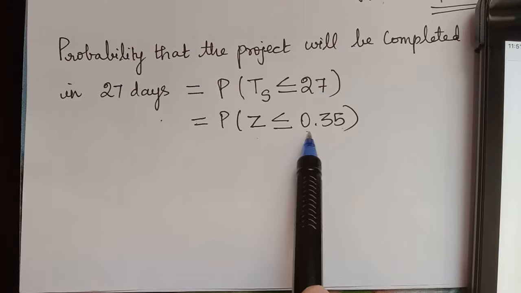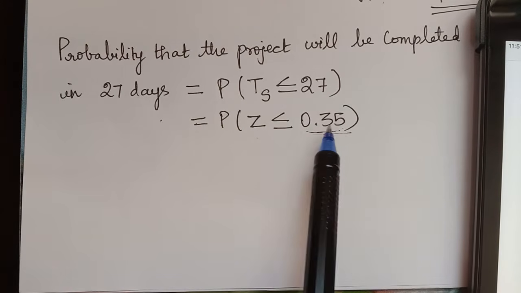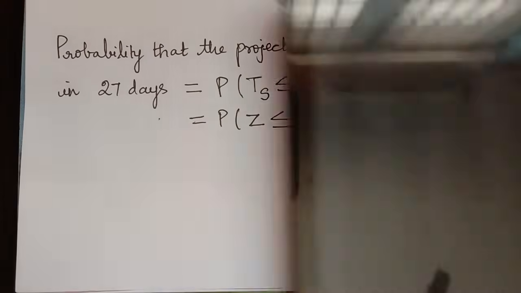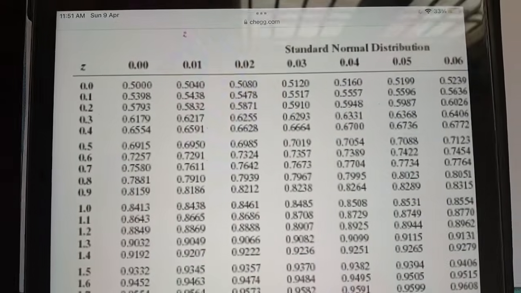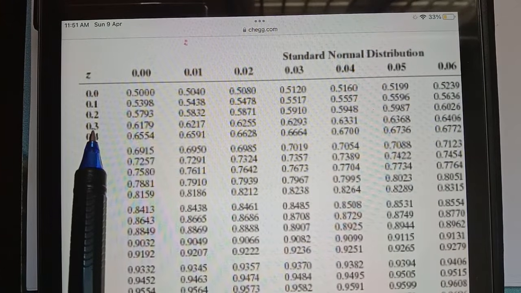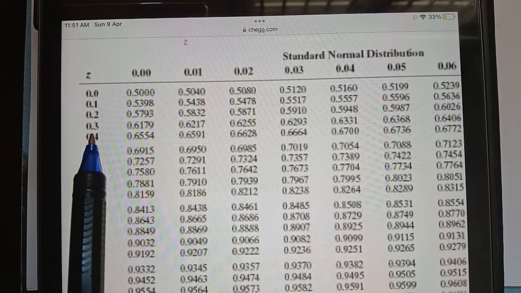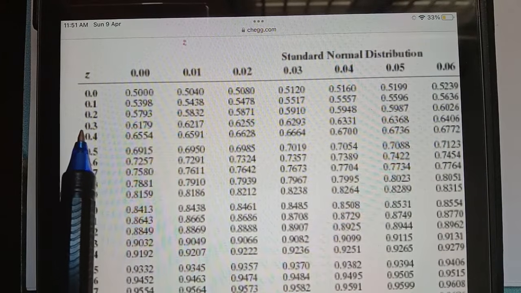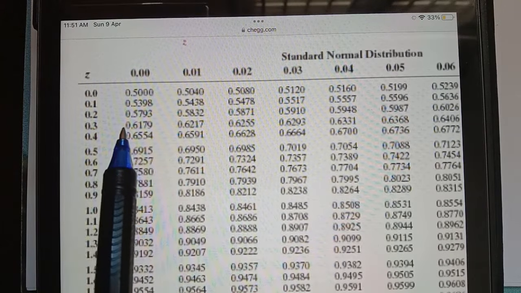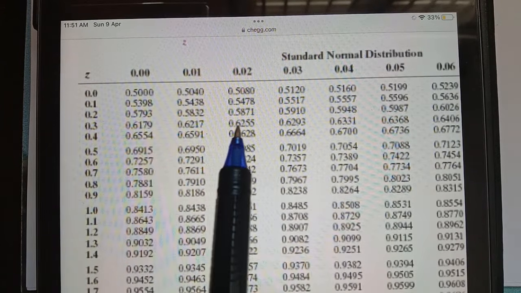So let me tell you how to do that. We have to do it for 0.35. So we should take first 0.3 on the Z table. Here we have the Z table. If you see here, we have 0.3. Along with that, if we add 0.05, we will be getting 0.35, right? So 0.3, and under 0.05 we have to see.